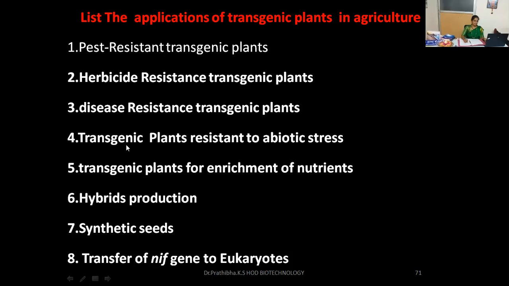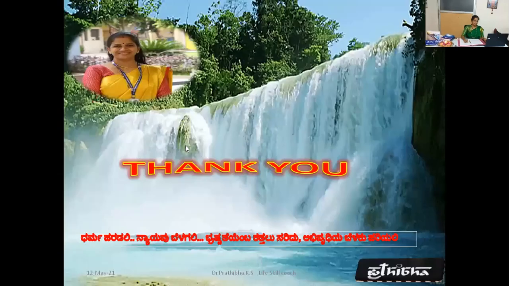Then the fourth one, transgenic plants resistant to abiotic stress, transgenic plants for enrichment of nutrients, then hybrid production, synthetic seeds, transfer of nif gene to eukaryotes. These are some of the applications of transgenic plants in agriculture. If they ask this for 10 marks, you must be able to explain these 8 applications. So that's it.